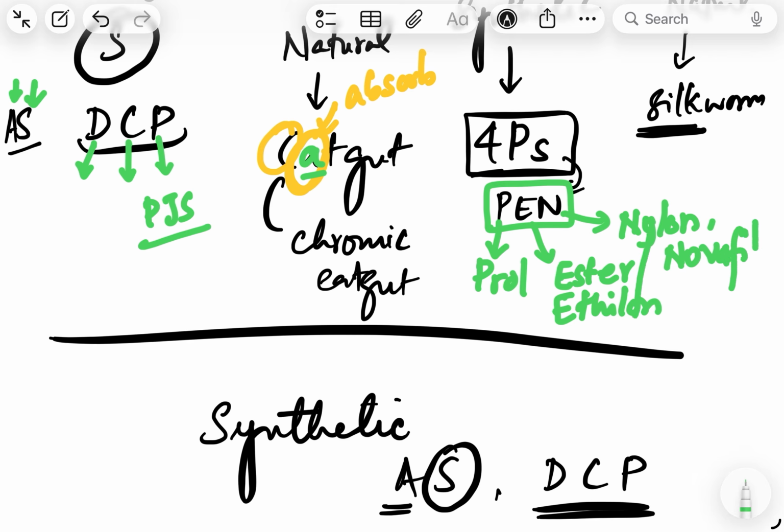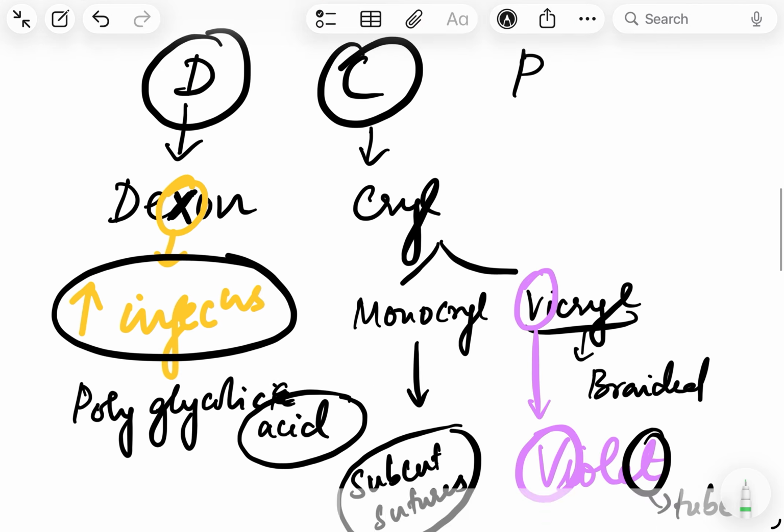So 4 P's would be your amide, butester, ester and propylene. So amide, M for nylon, polybutester, beautiful sister, Nova, so Novafil. Polyester, ester means you have got some bond, so Ethibond. Polypropylene, Prolene, it's just in the name. That's it.